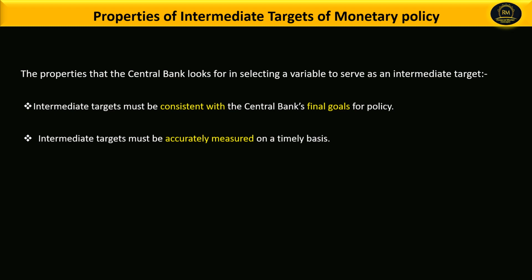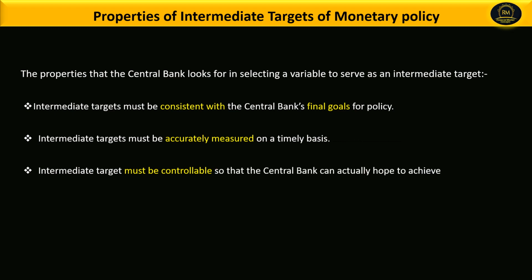This will help the central bank with quick and accurate information about which monetary policy actions are needed to achieve the intermediate target. And number three, the intermediate target must be controllable so that the central bank can actually hope to achieve it, or at least move in the direction of achieving it.